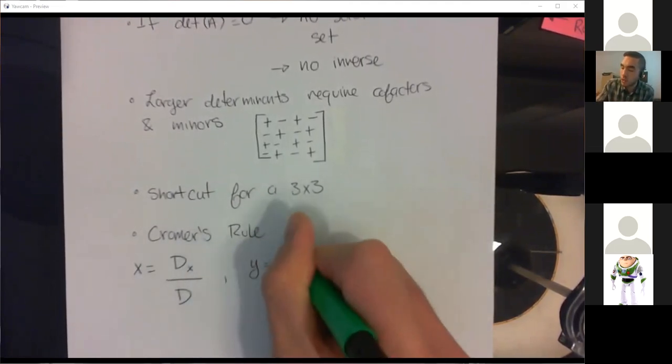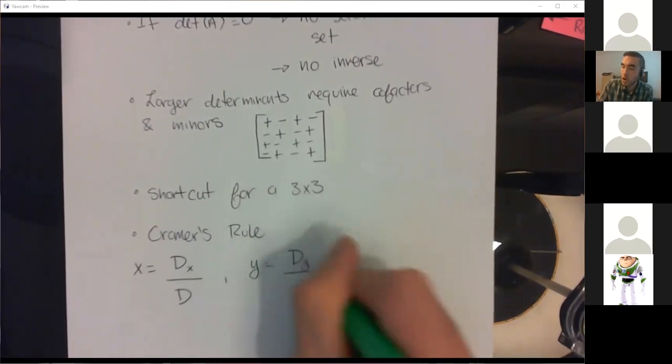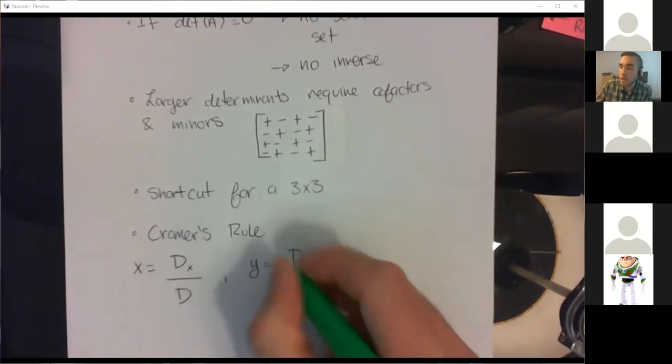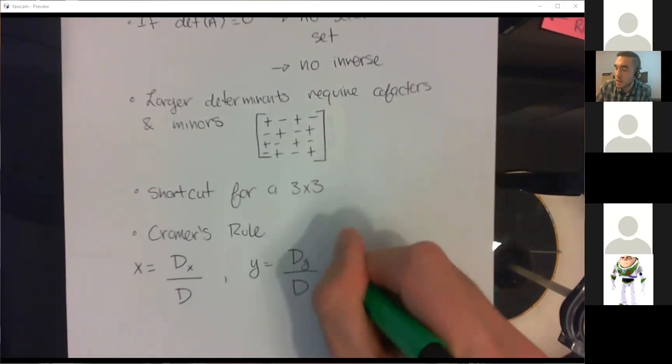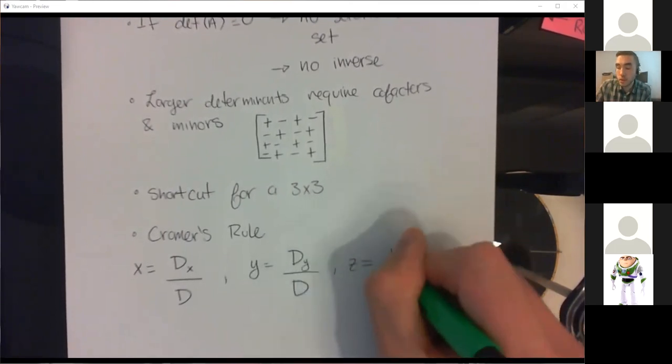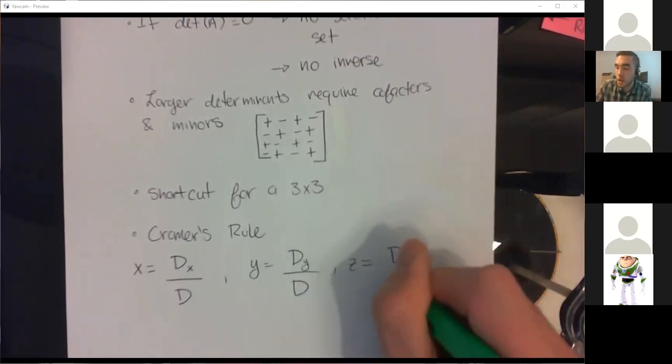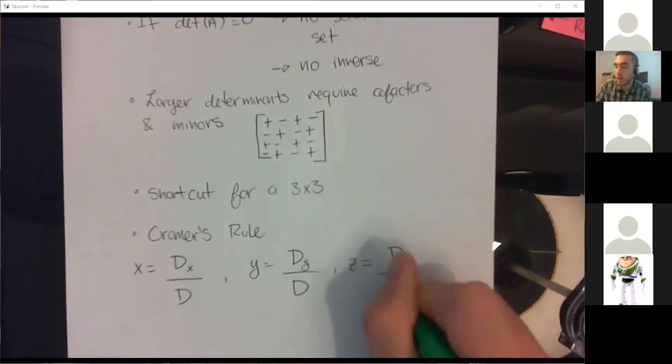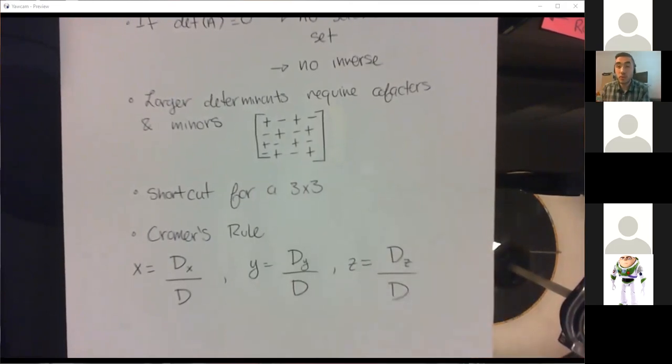Y is going to be equal to the determinant where you replace the y column with that column of constants, and then divide by the overall determinant. And then z is going to be equal to the determinant where you replace the z column with the constants, and then divide by the overall determinant. So if you are doing this for a 3 by 3, solving the system of equations is actually going to cost you the calculation of 4 determinants. The determinant for the overall matrix, and then the determinant of this submatrix, and that submatrix.